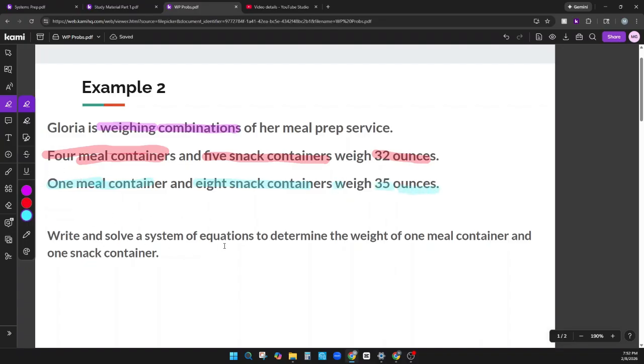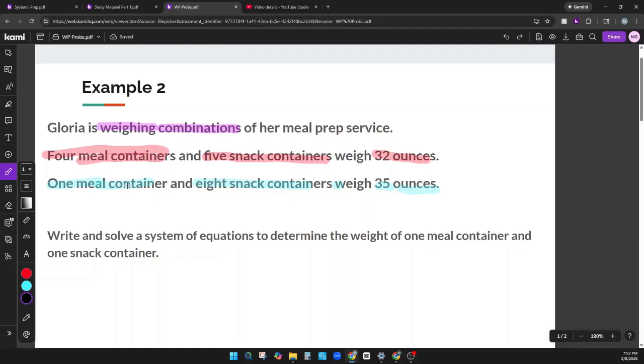The question is asking us to write and solve a system of equations to determine the weight of 1 meal container and 1 snack container. So we're supposed to set these up and try to solve how much does 1 meal container weigh and how much does 1 snack container weigh. So that's going to be our goal.